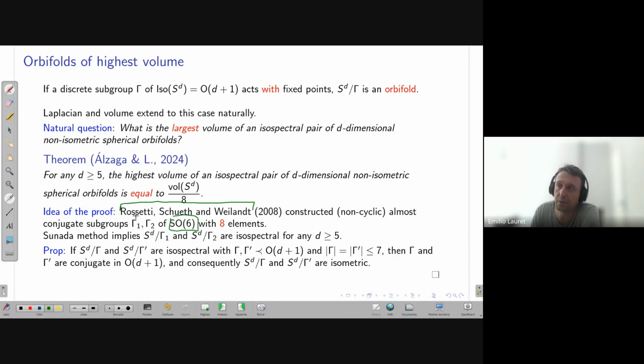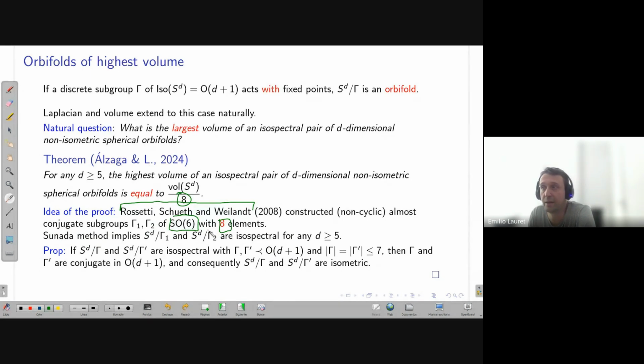This group acts on the sphere of dimension 5 with 8 elements. This is the 8 that appears here. Sunada's method, which I will not explain, implies immediately that the quotients are isospectral. They did it with d equal to 5 here, but it is easily extendable to any dimension.